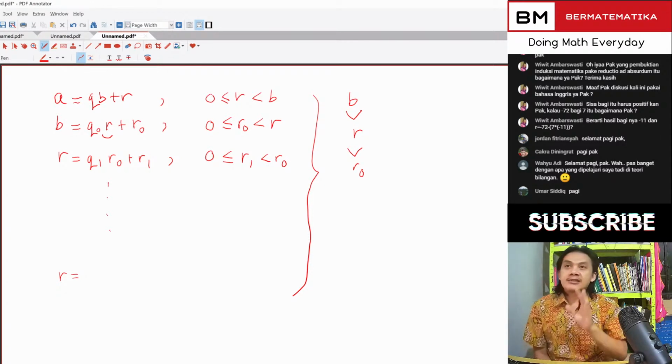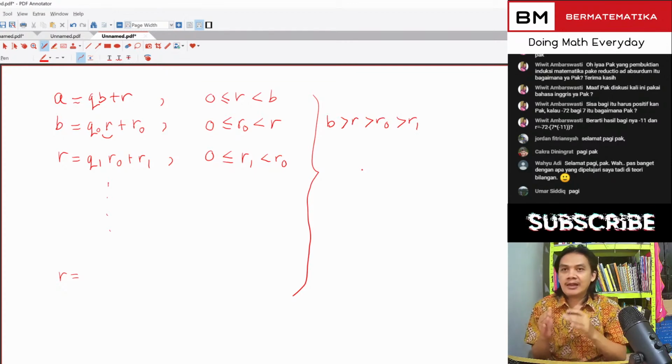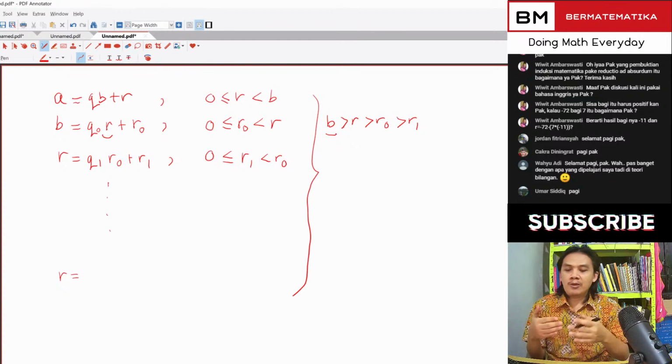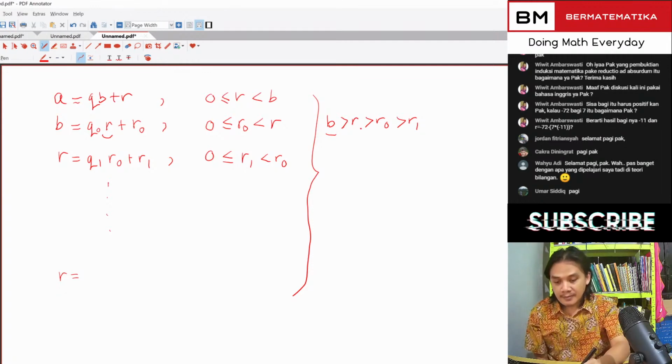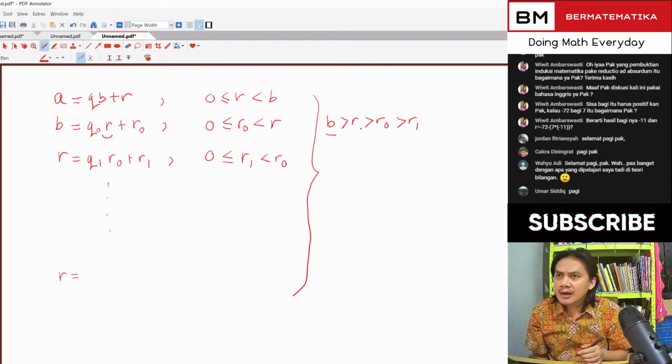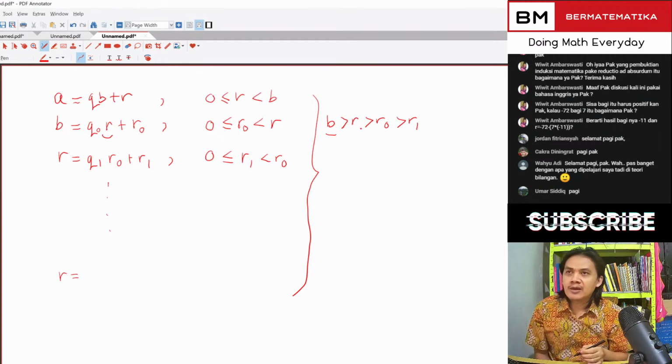Since B is finite, then at most after B steps, we will reduce this remainder to 0. So at some point, this R will be equal to 0 for some n. Let's say it is when R n plus 1 is equal to 0.